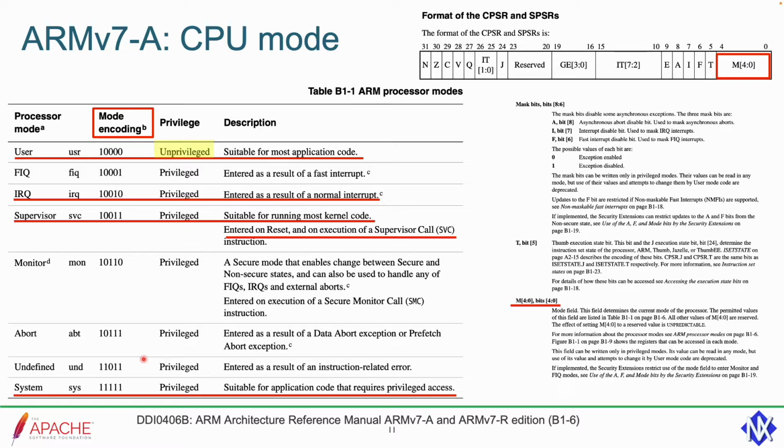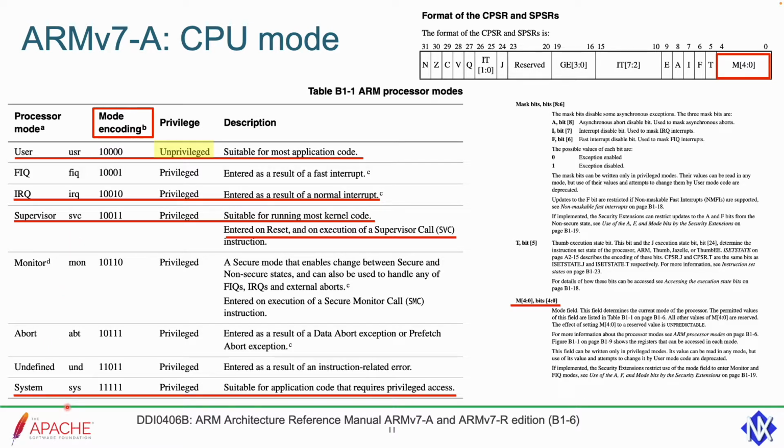Before talking about the MMU, we need to understand the CPU mode. In the ARMv7-A architecture, there are many processor modes. In ARMv7-A NuttX, we are using user, IRQ, supervisor and system mode.